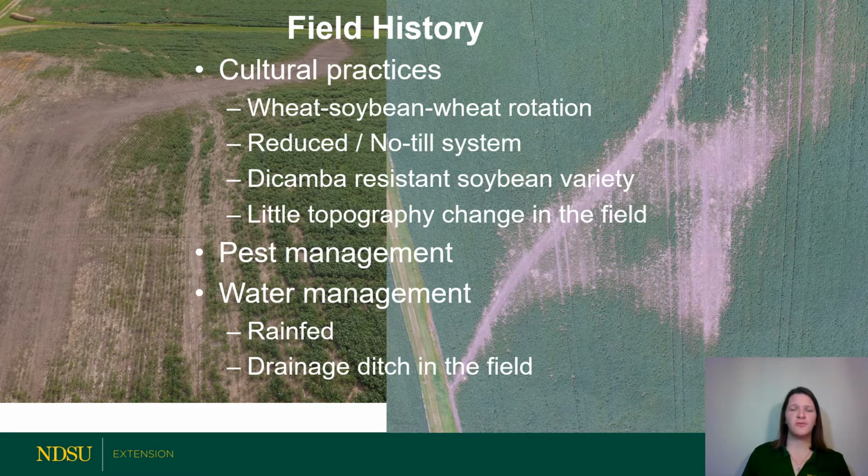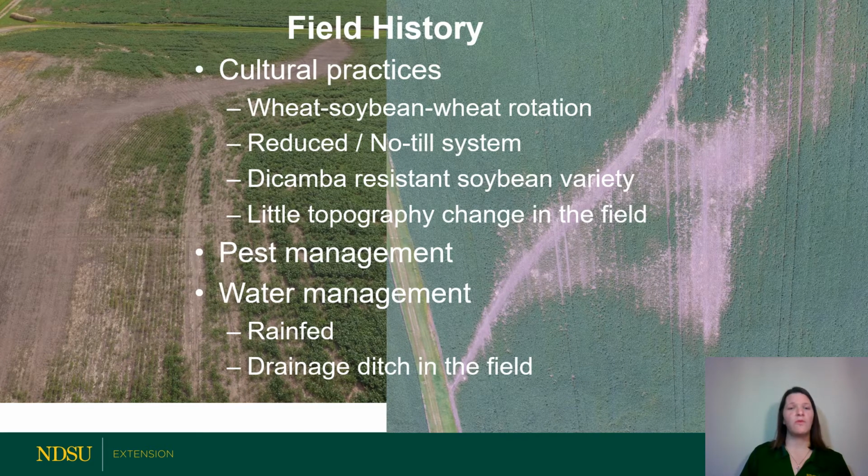So some of these cultural practices, we know it's a soybean wheat rotation. It is in a reduced to no-till system. We have a dicamba resistant soybean variety, which is planted, as you can see in the pictures here on the back. There's a little topography change in the field. And we don't actually know much of the pest management about this season.